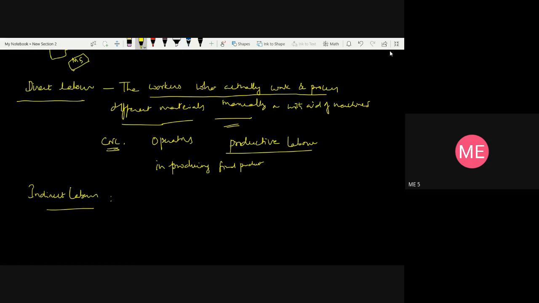So any other labor which is going to help in the performance of direct labor. Direct labor is performing his job, so in order to produce a particular final product, he may take help from other labor.